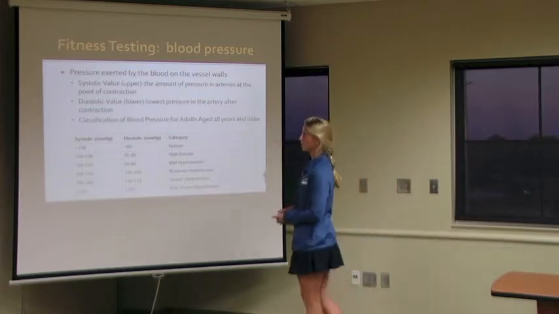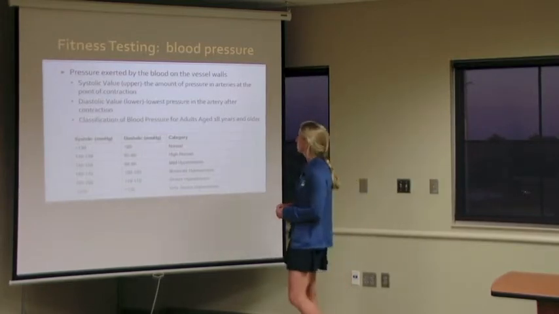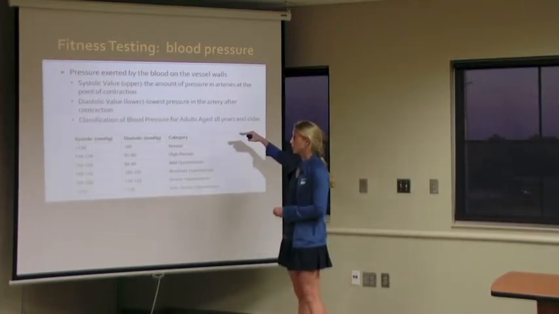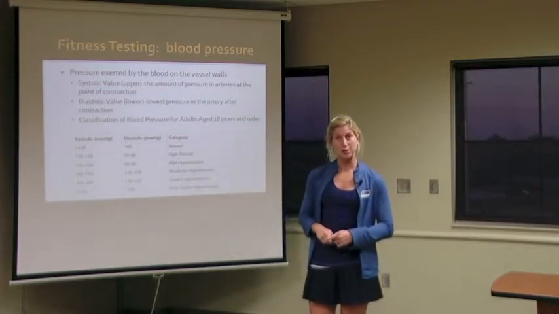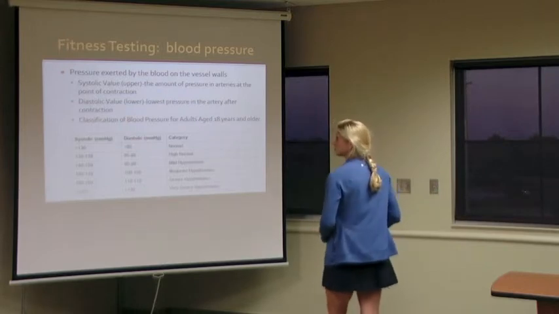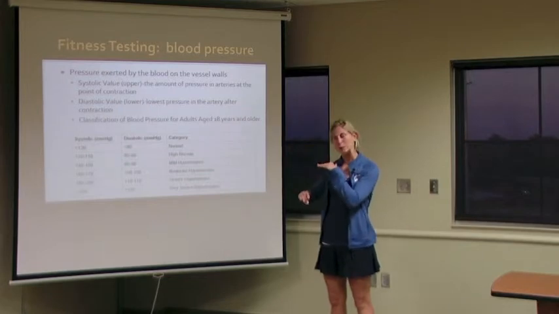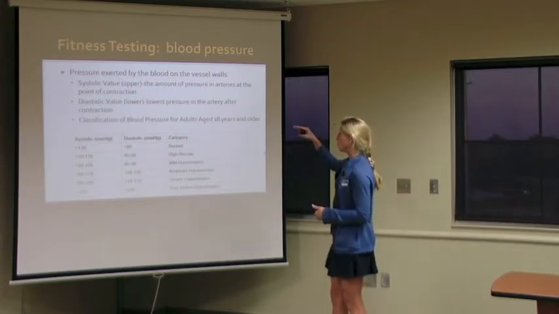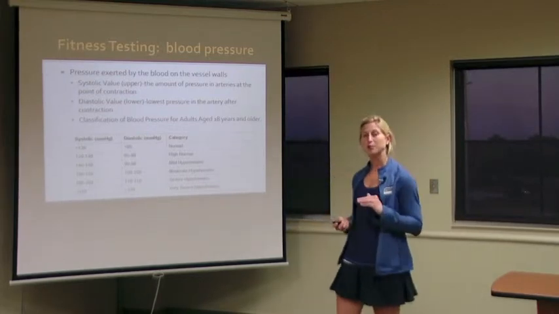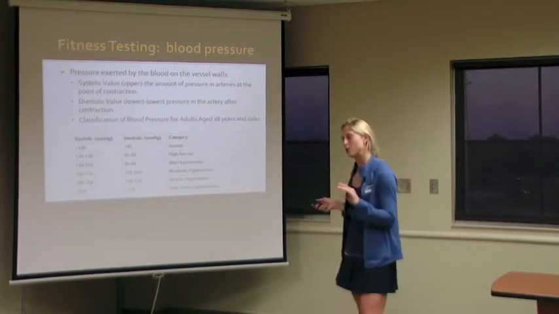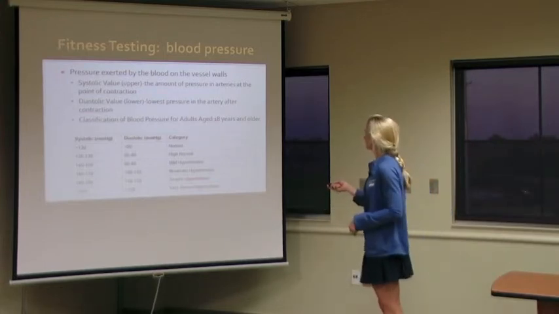But just for a reminder, classification of blood pressure for adults. Normal is considered anything under 130 for the systolic number and less than 85 for the diastolic number. Systolic is the number on top, diastolic on the bottom. If any of these numbers are high, it is considered hypertensive, but once again, we are not responsible for diagnosing someone with hypertension.